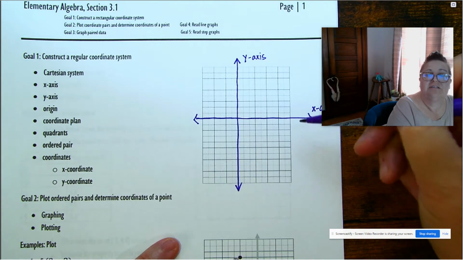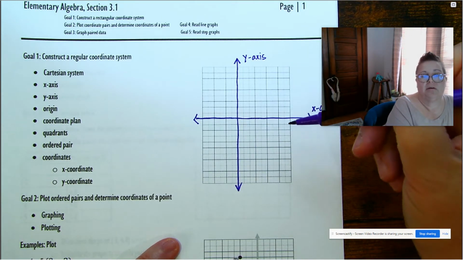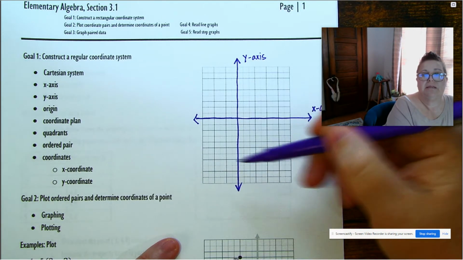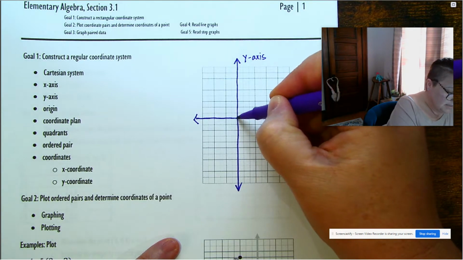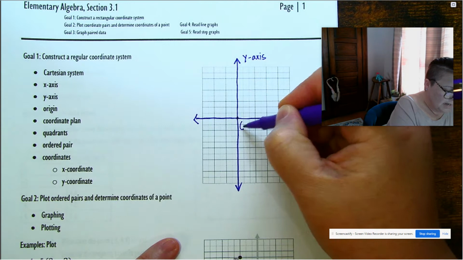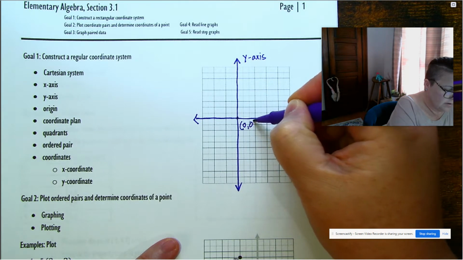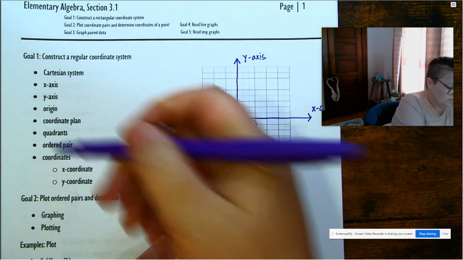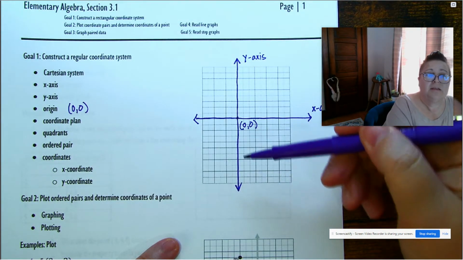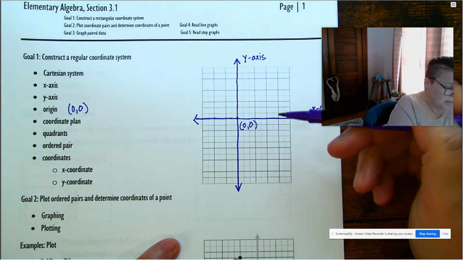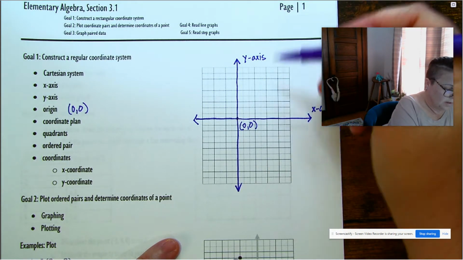These two axes could be placed anywhere on the coordinate plane to make the Cartesian system. Their intersection is located at a point we call 0, 0, and the origin. So the origin is the point 0, 0. This coordinate plane is based on 4 quadrants.